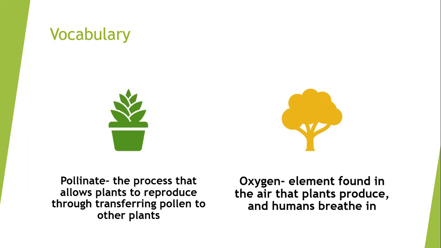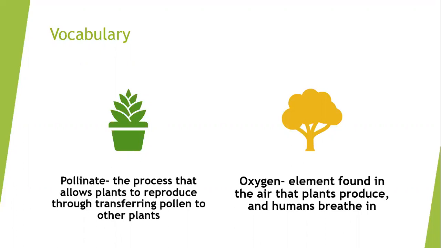It is the process that allows plants to reproduce through transferring pollen to other plants. So when plants are pollinated, that's how they're able to grow fruit or flowers. Specific animals or insects have to pollinate plants in order for fruit and flowers to grow.